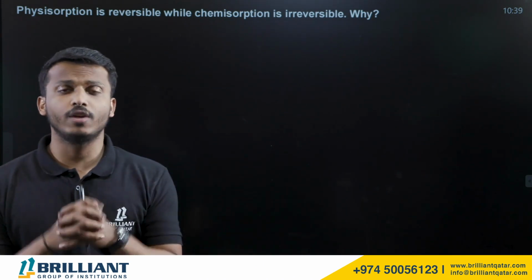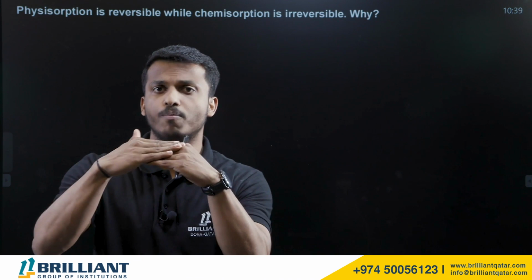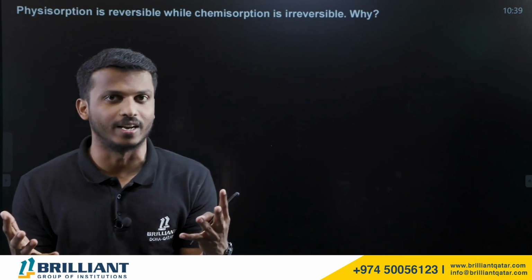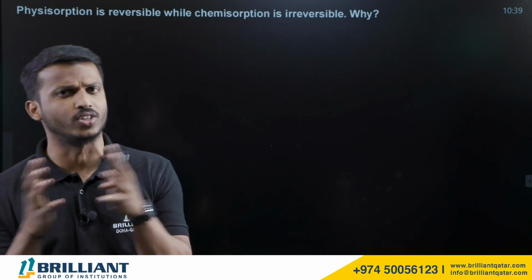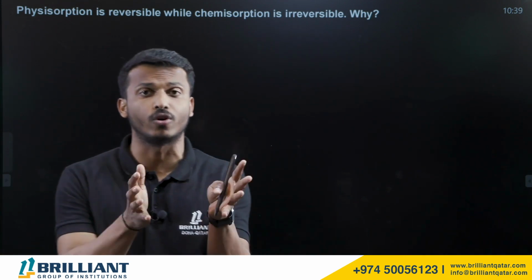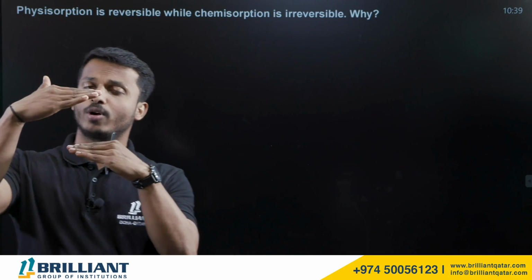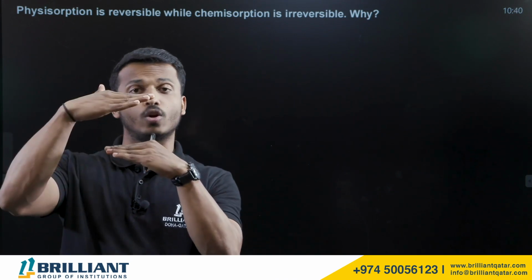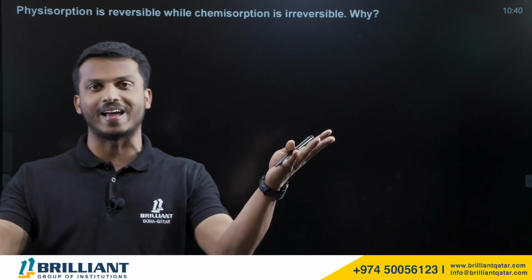Then you have studied that in physisorption, they are making a very weak bond, so their heat of adsorption, enthalpy of adsorption, is in a very small range, 20 to 40 kilojoule per mole, because they are making a very weak van der Waals force. You know bond formation is an exothermic reaction, correct?